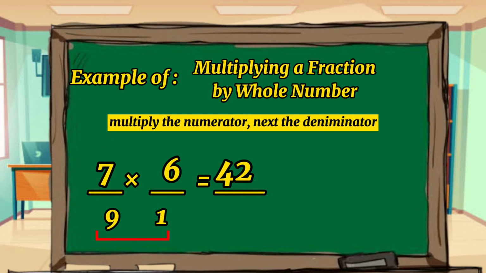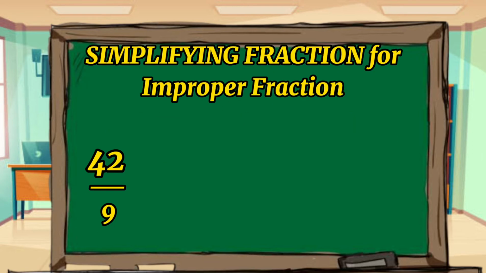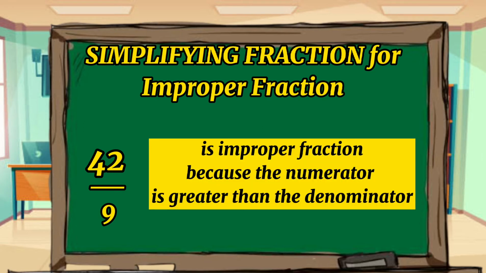Then the denominators. 9 times 1 equals 9. Let's simplify 42 over 9 because they have common factors. 42 over 9 is an improper fraction because the numerator is greater than the denominator.